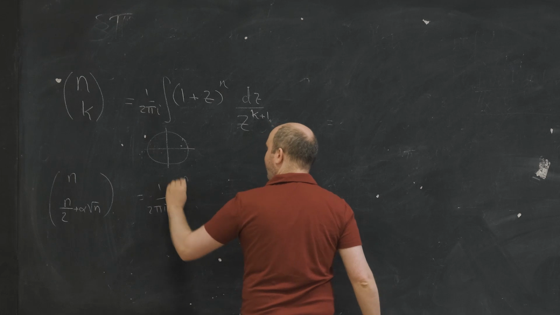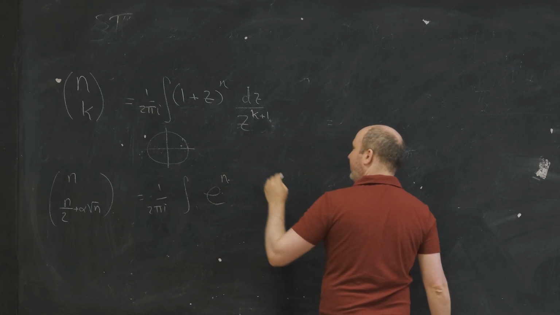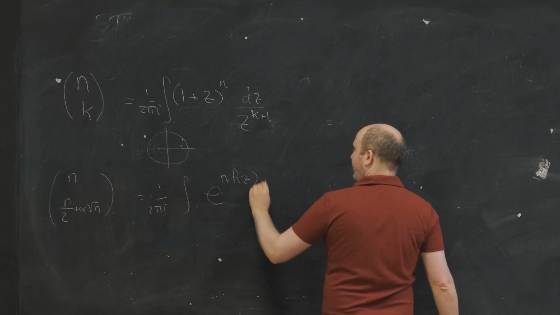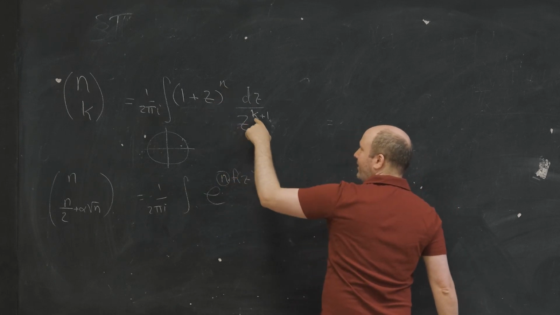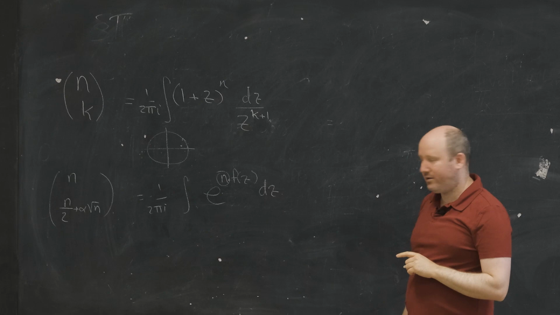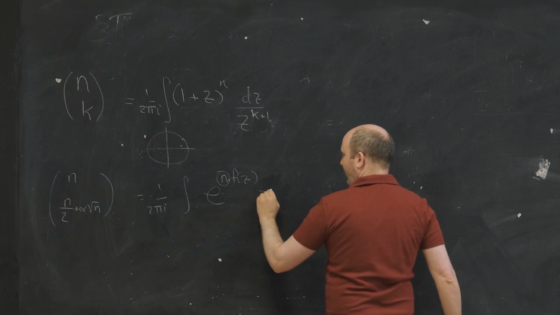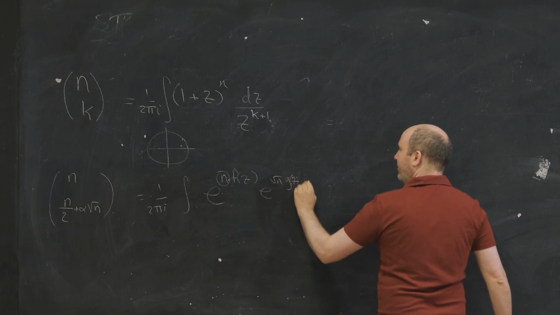I'm not going to write it carefully, but I can write it in the form e to the n times some function f of z, dz, where the n comes both from this n and from the fact that k is proportional to n. Maybe there is then an additional factor of the form e to the square root of n times some other function g of z.